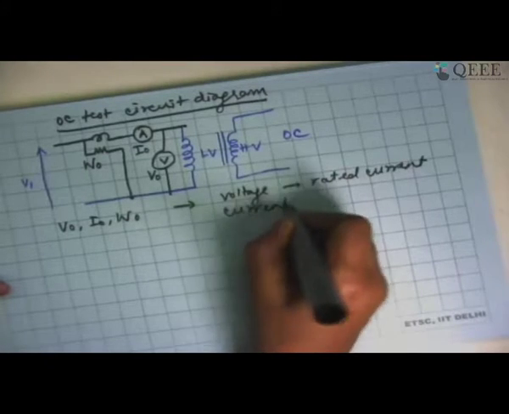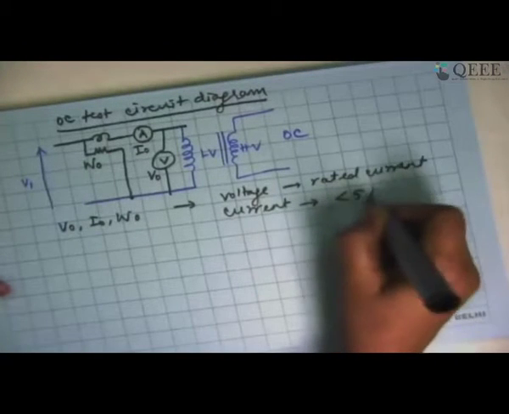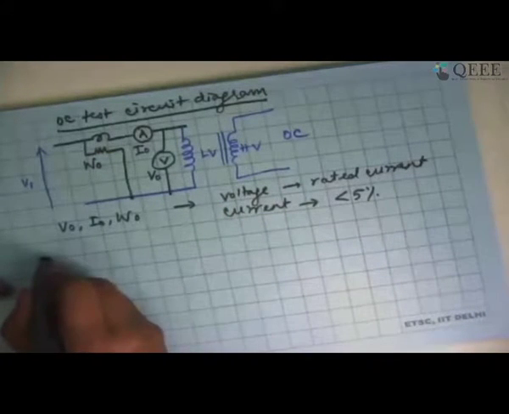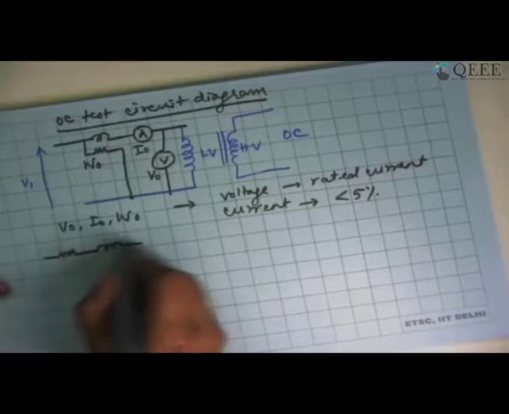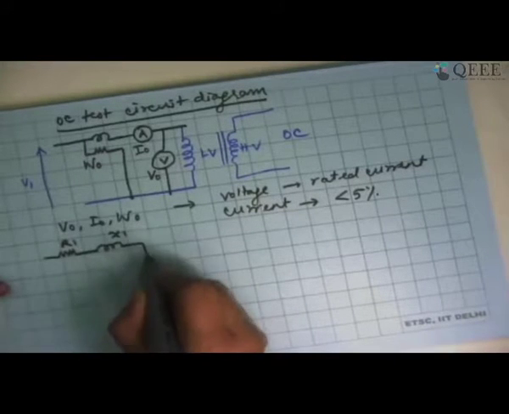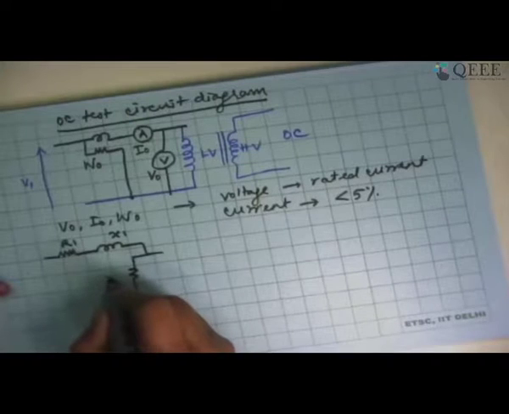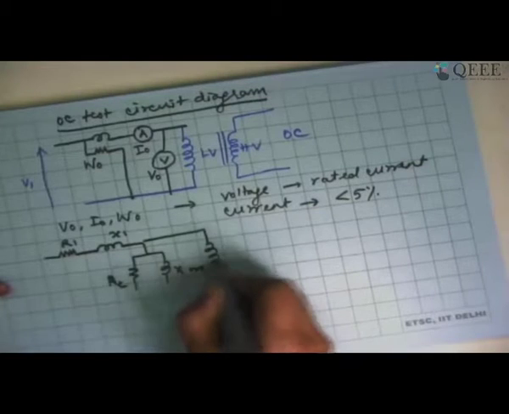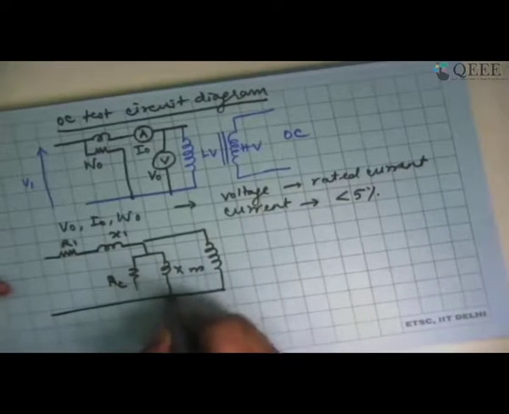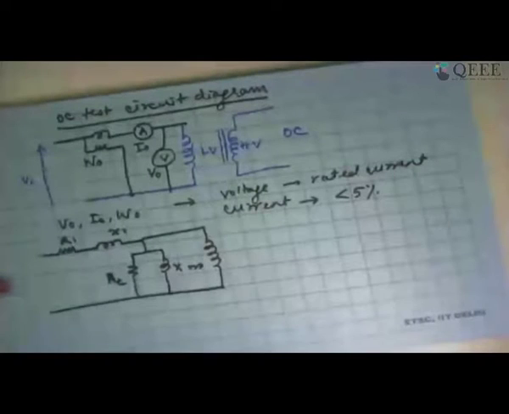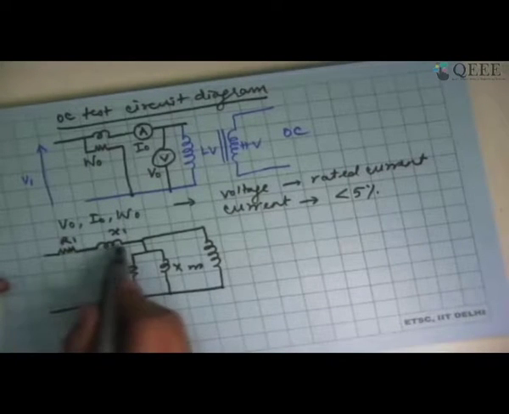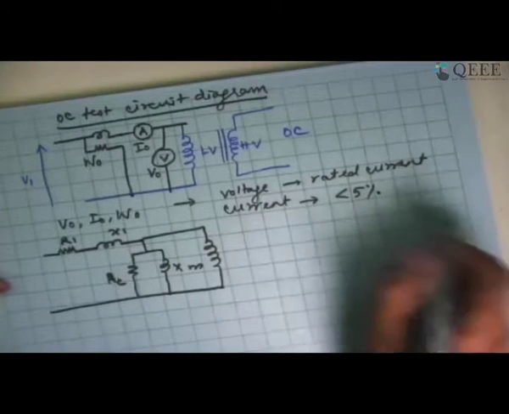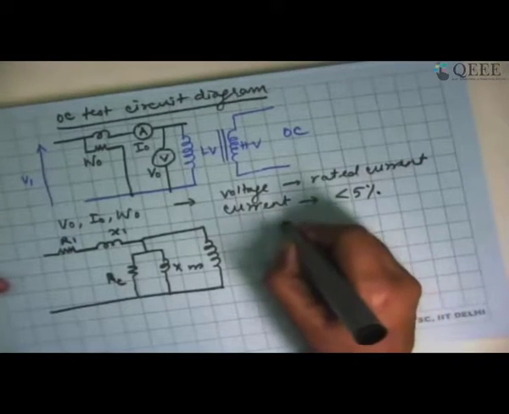So if the current is less than 5%, then if I look at the normal equivalent circuit of the transformer, I have R1, X1, and I am going to have RC and XM, and the primary winding, which is ideal in nature. This is my equivalent circuit of the transformer. Now, R1 and X1, whatever is the voltage drop I am going to look at, it is going to be 5% of the nominal voltage drop, because normal current that is drawn is 100%.